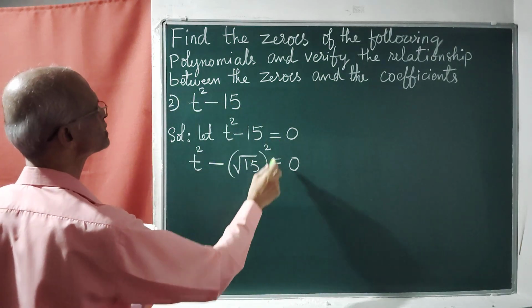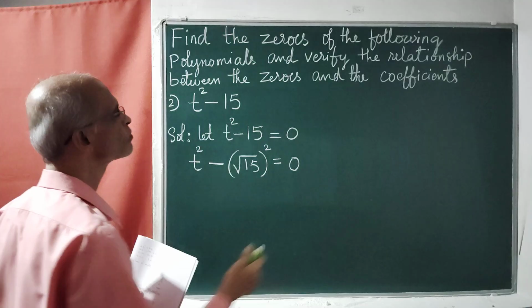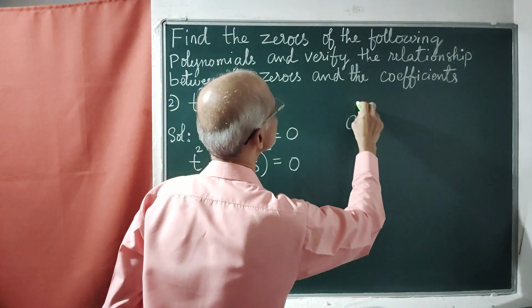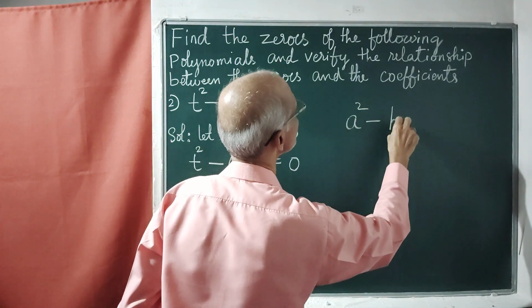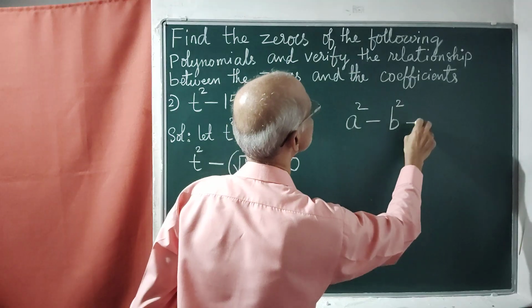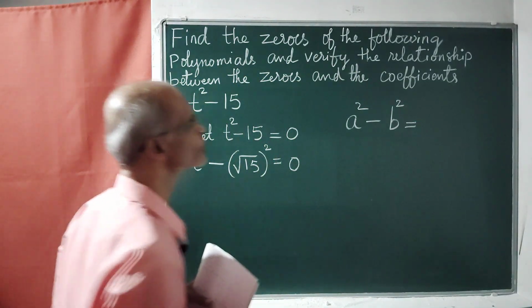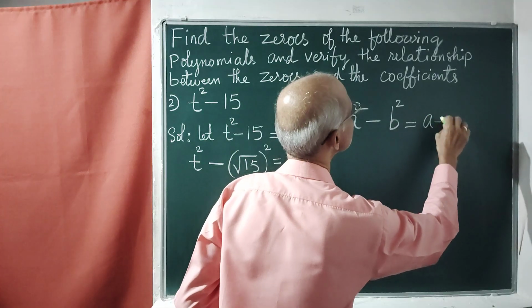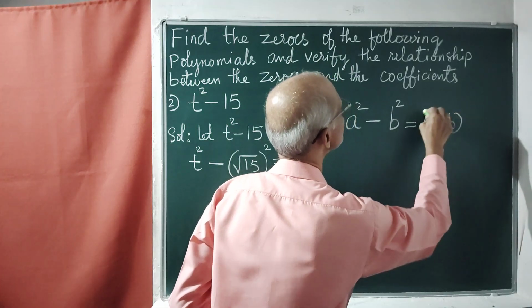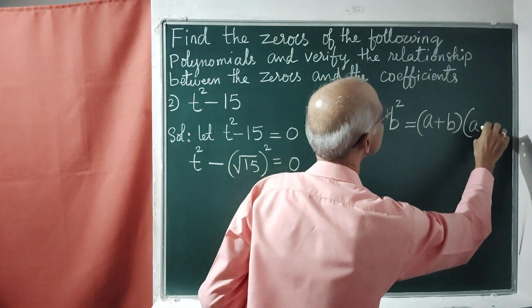Now, this is in the form of a square minus b square. So, a square minus b square is equal to a plus b into a minus b.